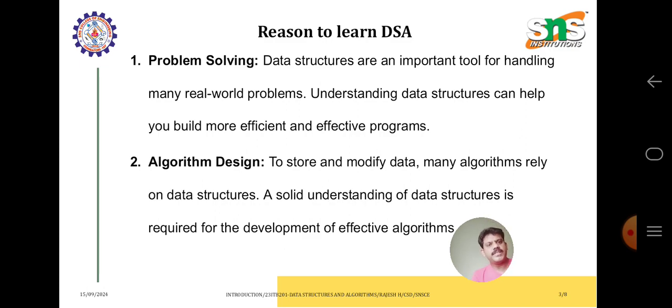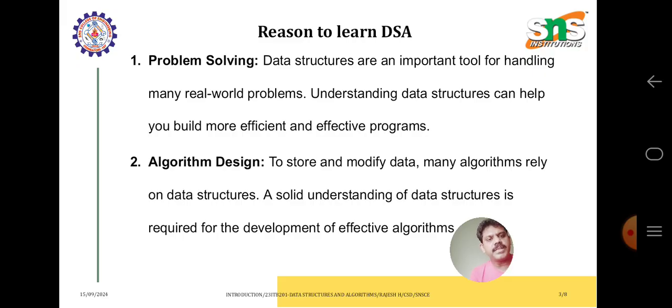Data structures are an important tool for solving problems, especially complex, real-world problems. They help to build a creative project or application with an efficient and effective programming approach. The second reason is to design algorithms, because to store and modify data, we have a lot of algorithm choices to use.